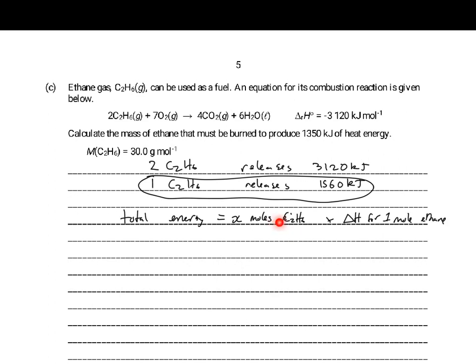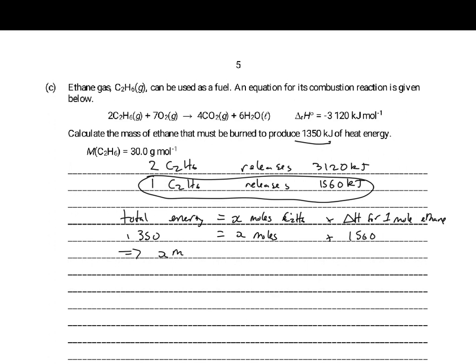The more moles of a substance you have, the more energy you release. The more energy that's released per mole of a substance, the more energy that's going to be released. So in this particular case, we're told that the total energy that is produced is 1350. So that's the total energy. Number of moles of ethane is what we're trying to work out. And the enthalpy for 1 mole of ethane is 1560.